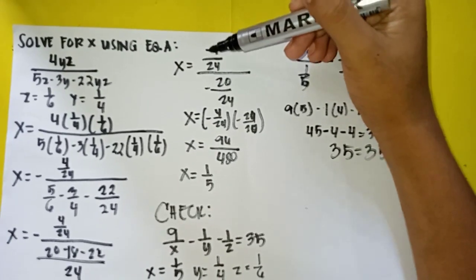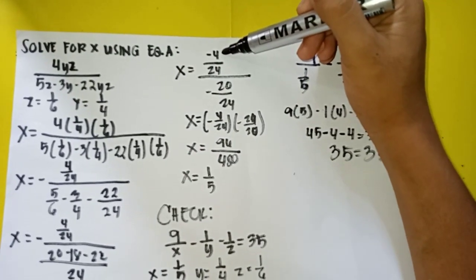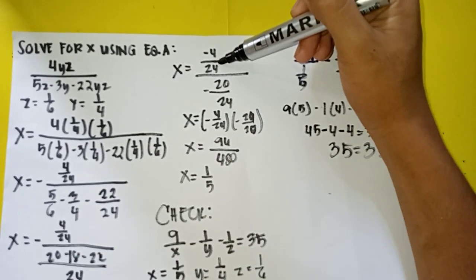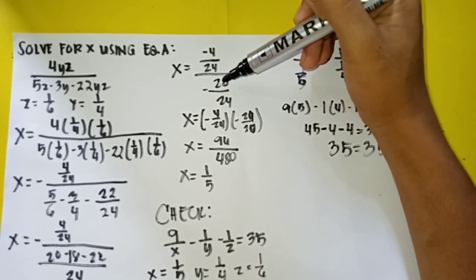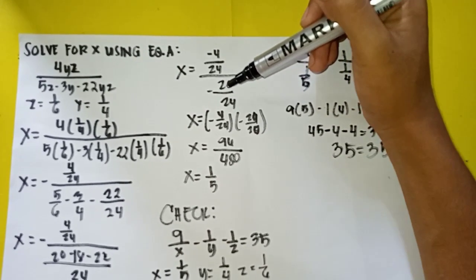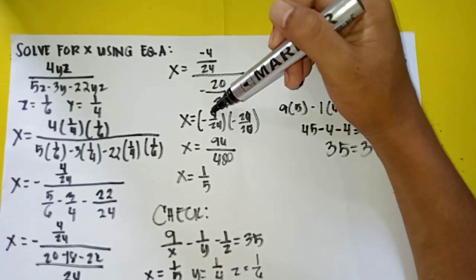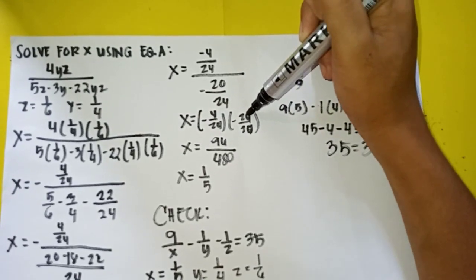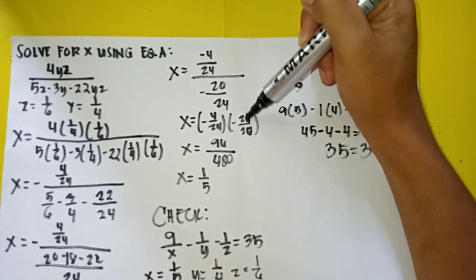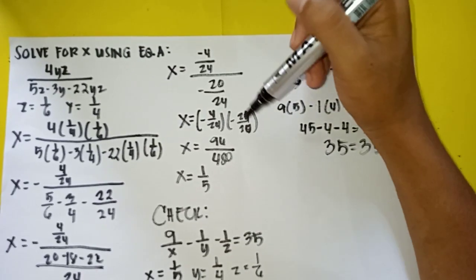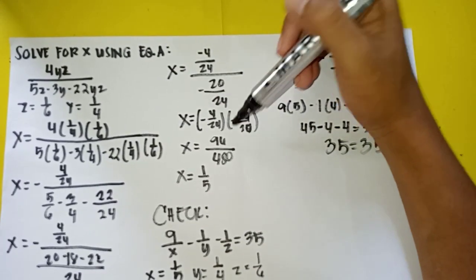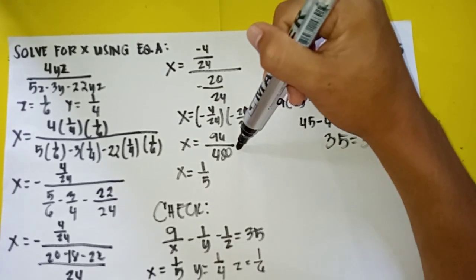So now x is 4 over 24 over negative 20 over 24.